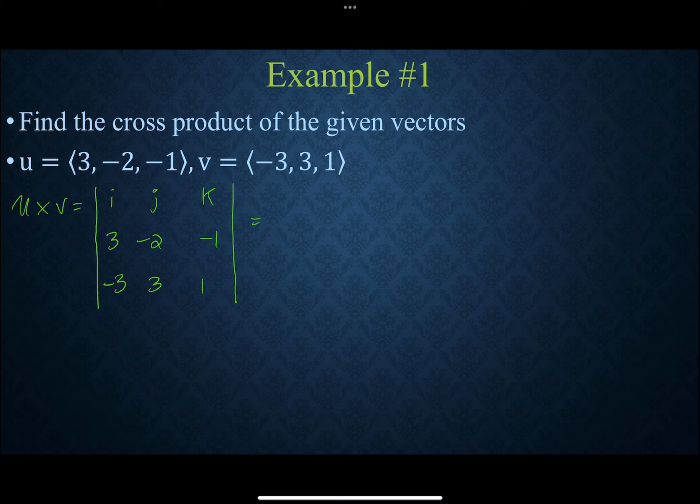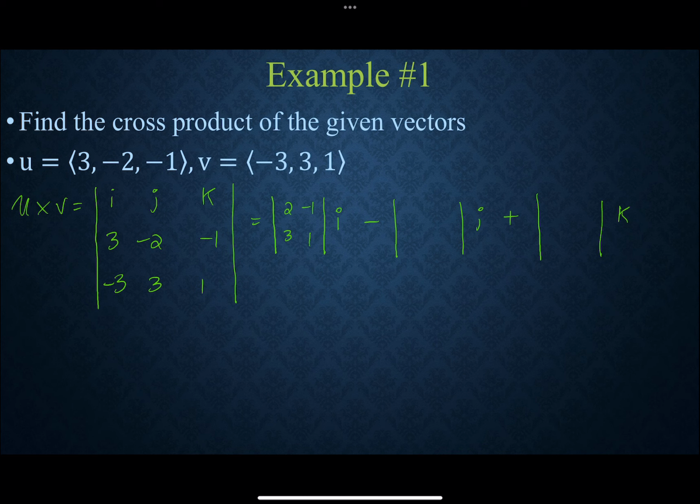Now the way this is going to work is we're going to find some 2 by 2 determinants, 3 of them in fact, using I, J, and K. The determinant that's going to multiply with I: if we ignore the I row and the I column, all that's left is 2, -1, 3, 1. So that's our 2 by 2 determinant.